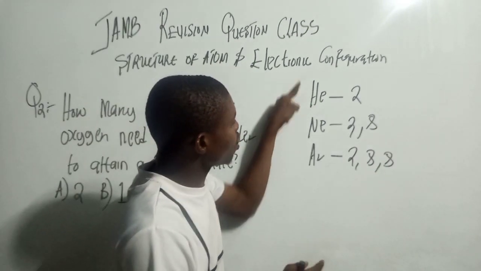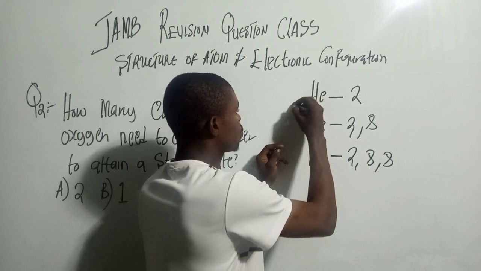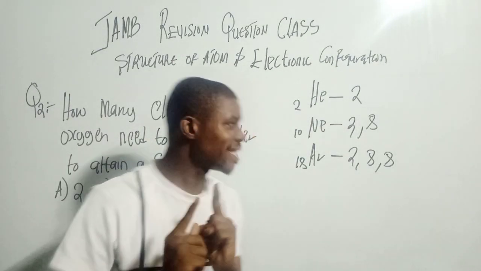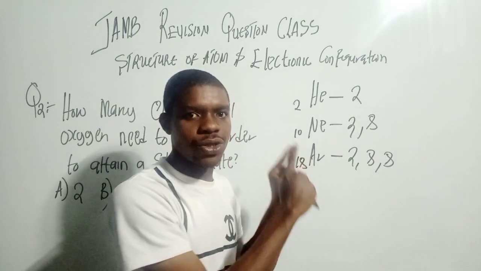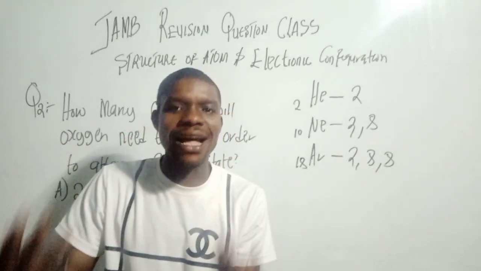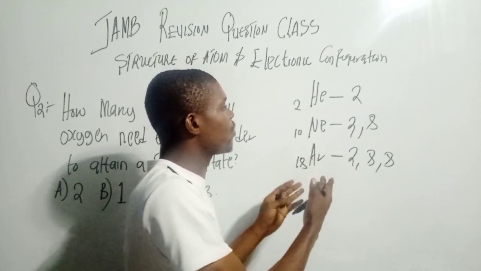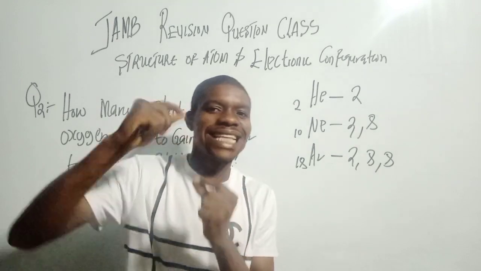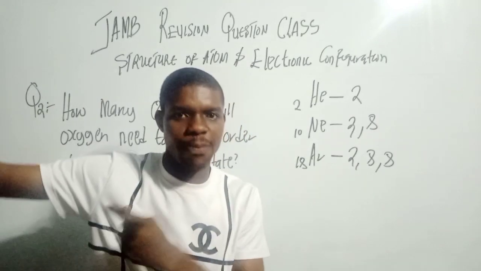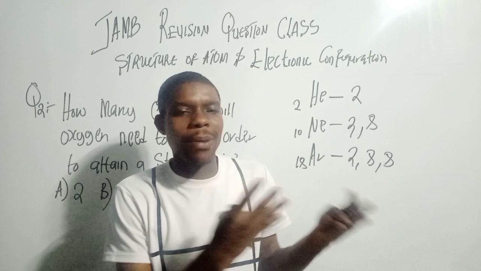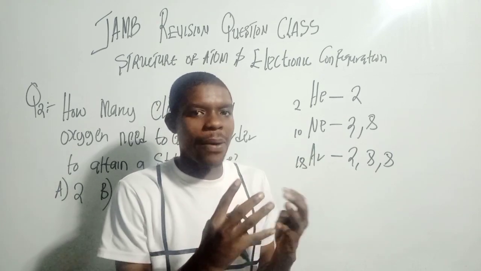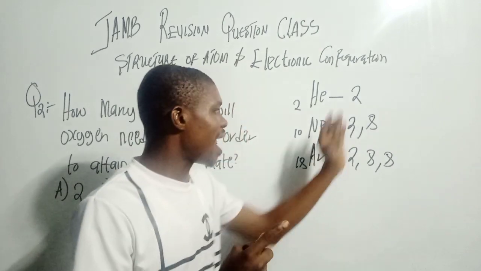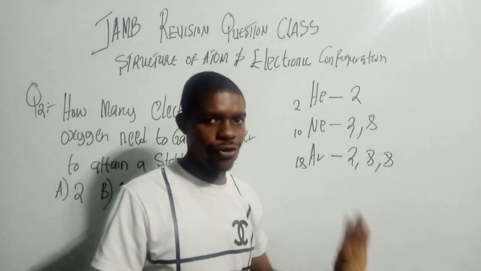Now, the electron number of helium is 2. This one is 10. This one is 18. Do you get that? Now look at something. This is called the octet electronic configuration. So every atom or element wants to have the stable configuration here. So in the sense that they want to have 8 electrons in their outer shell. That is why, in their combining power, they can either lose or gain electrons in order to attain this stable configuration.